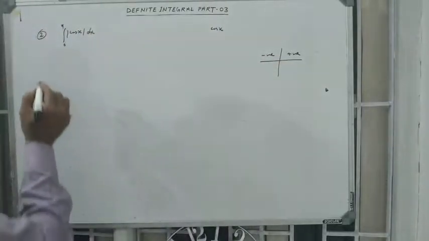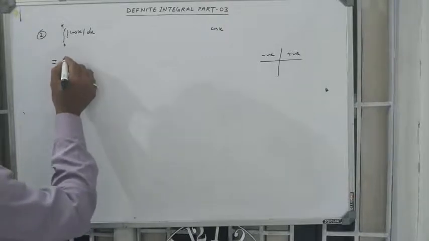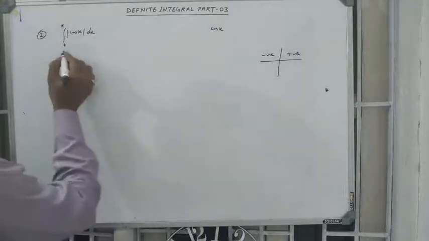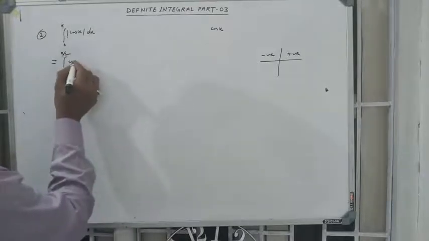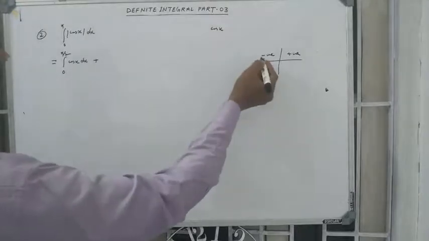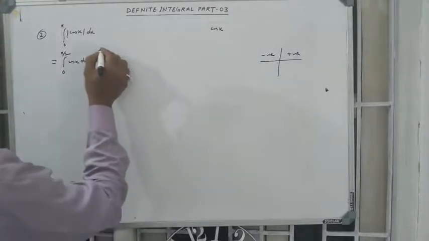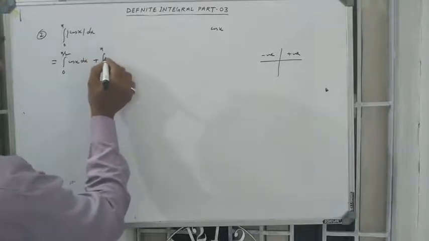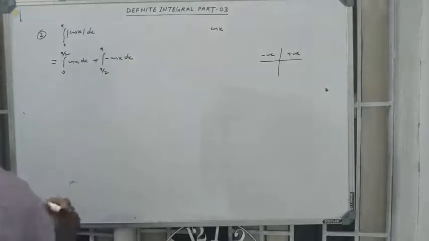According to this, we divide it into the sum of two integrals. First 0 to pi by 2, it is positive, so cos x dx, and then plus pi by 2 to pi, it is negative, so put a negative sign, cos x dx.